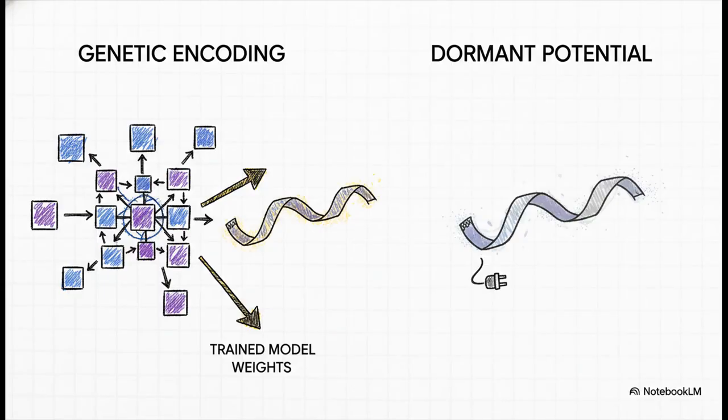So, and this is such a crucial point, that whole massive, expensive training process, that's not the model thinking. That's the model creating its DNA. After training is done, the model is basically like a brand new protein chain. It's packed with incredible potential, but it's totally dormant. It's just sitting there waiting for the right conditions to spring into action.